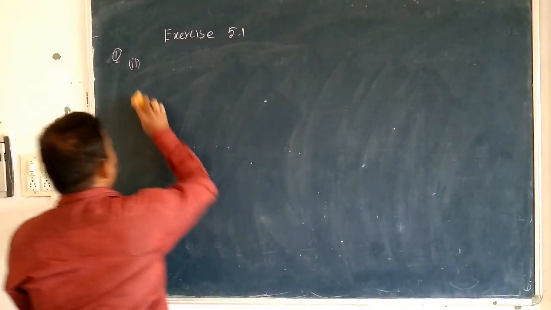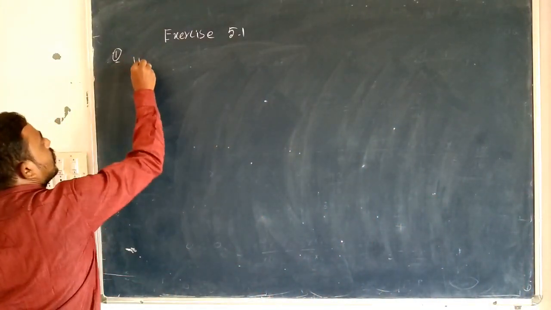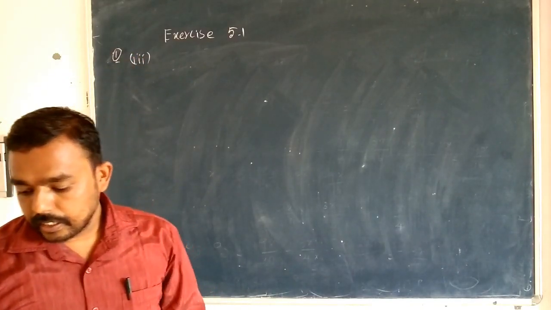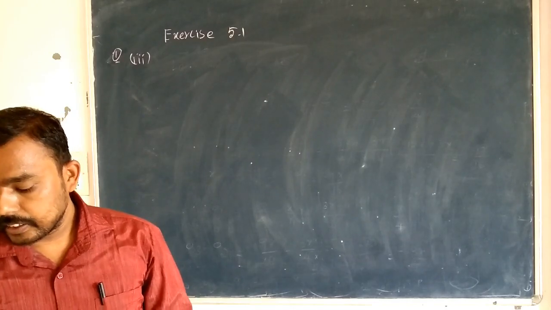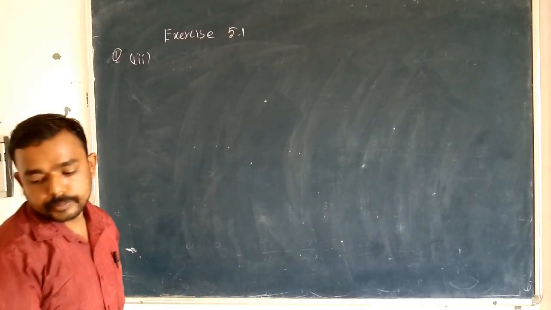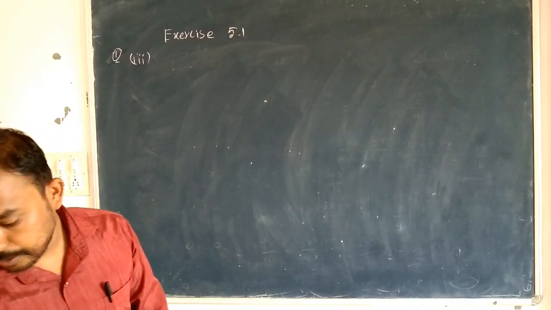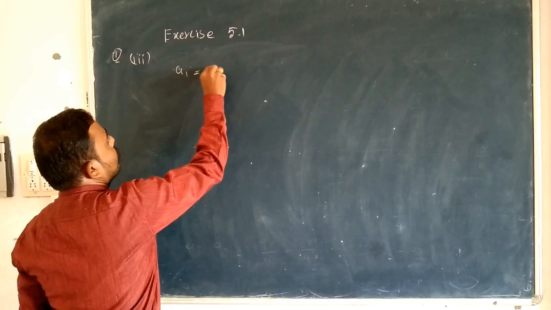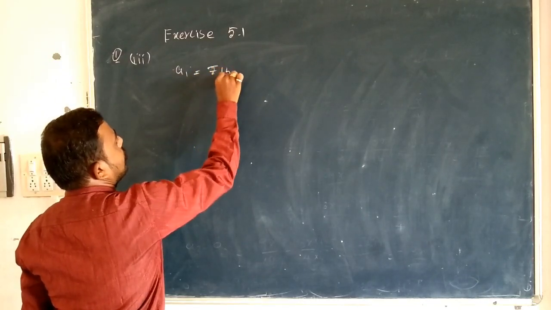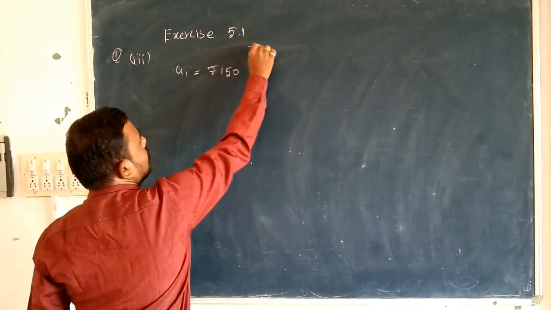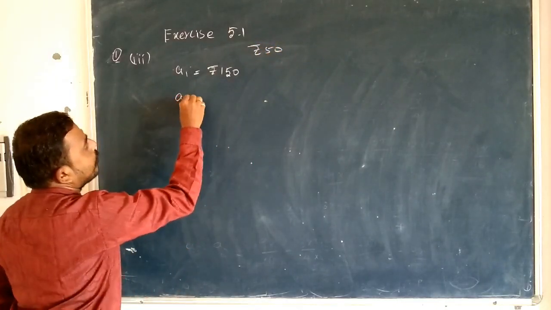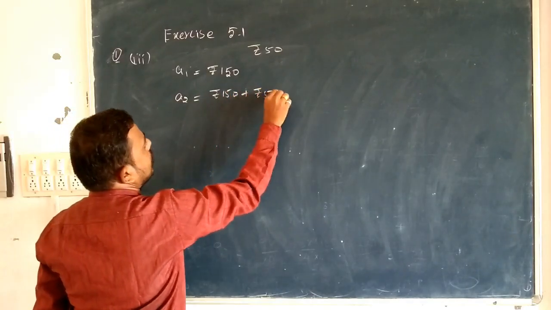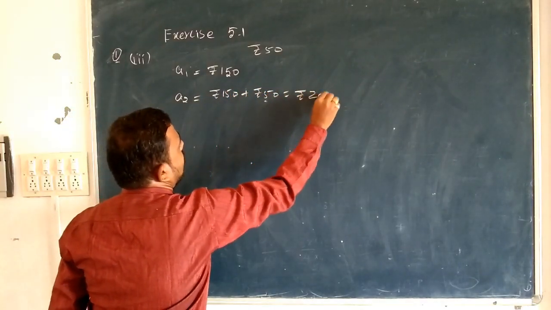Now come to the third one. The cost of digging a well: after every meter of digging, the cost is rupees 150 for the first meter and rising by rupees 50 for each subsequent meter. So let A1 equal rupees 150. For subsequent meters it is rupees 50. So A2 equals rupees 150 plus rupees 50, equal to rupees 200.